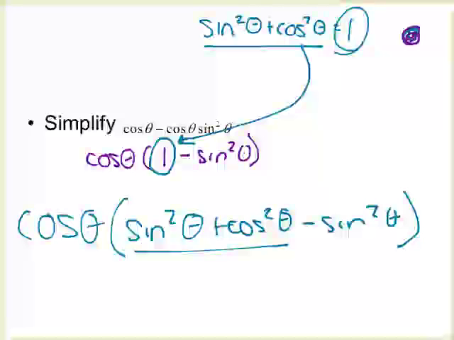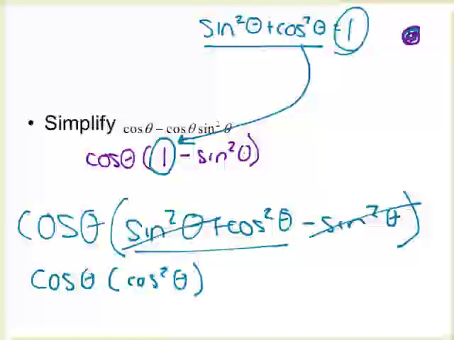Now I have a sine squared and a minus sine squared, and they can wash each other out. Something minus itself cancels to become 0. So that leaves me with cosine of theta times cosine squared of theta, which will be what? Cosine cubed of theta.